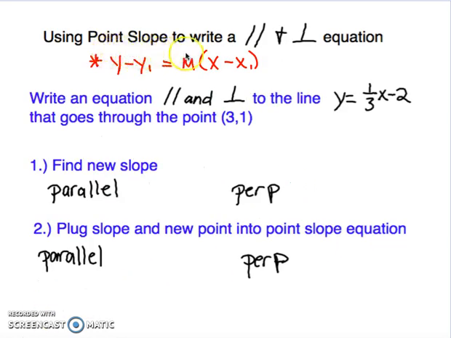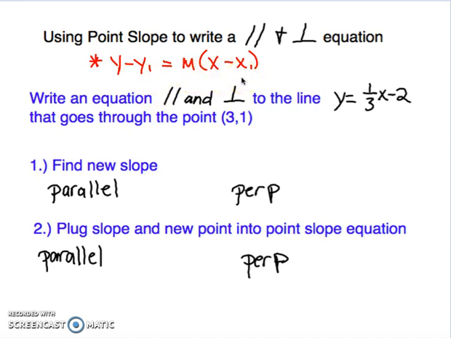The last example is using the point-slope formula or form of an equation to write parallel and perpendicular equations. The formula for point slope is y minus y1 equals m times x minus x1.